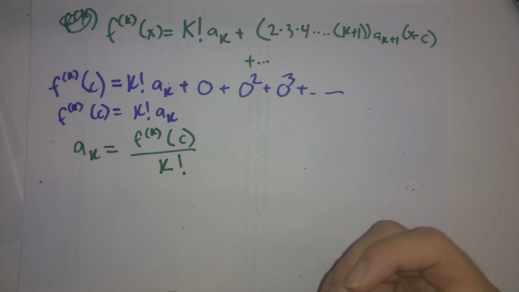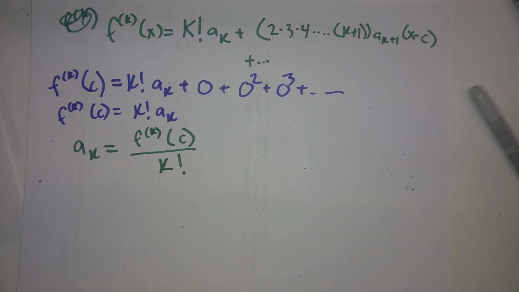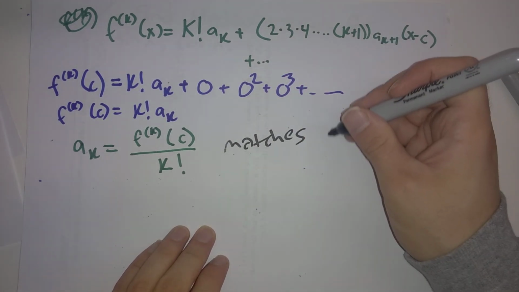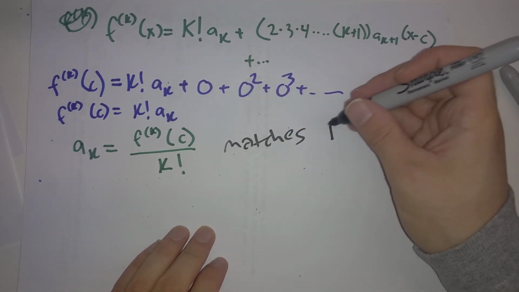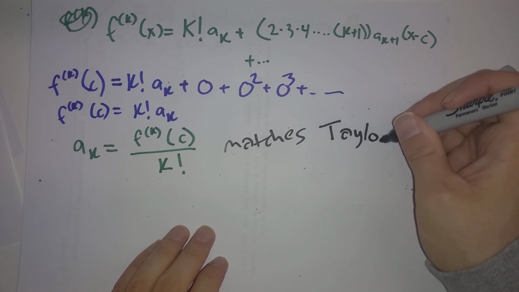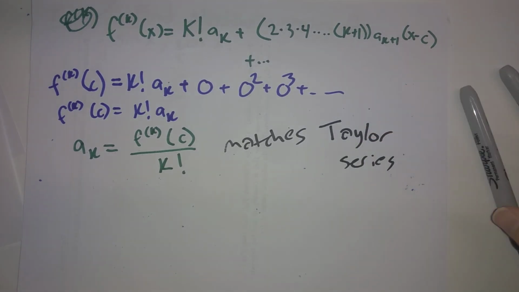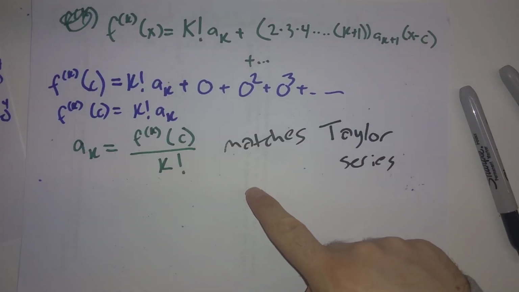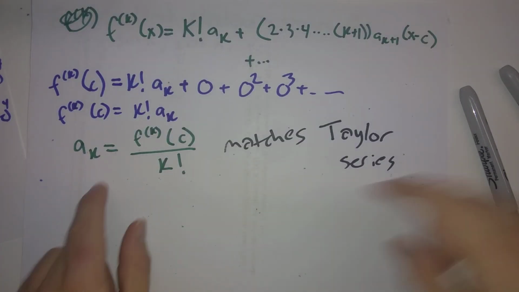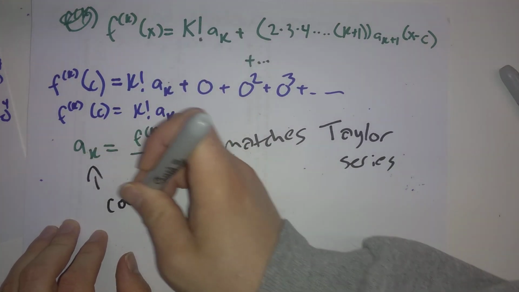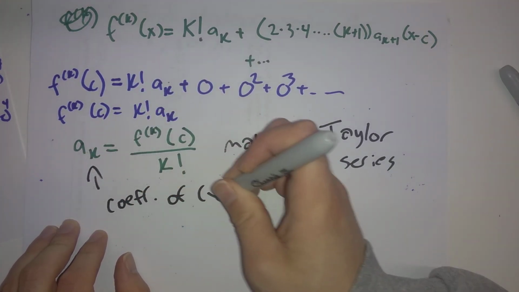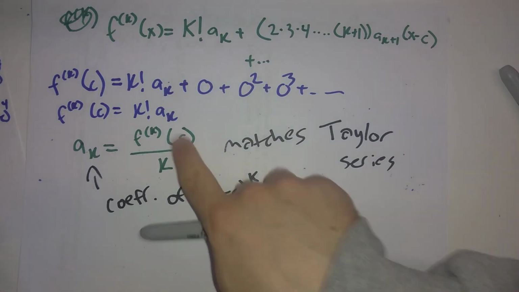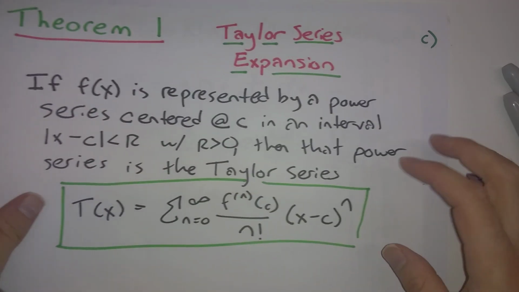And so this matches our Taylor series. This exactly matches this right here. The a sub k is the coefficient of x minus c to the k, so everything matches up here.